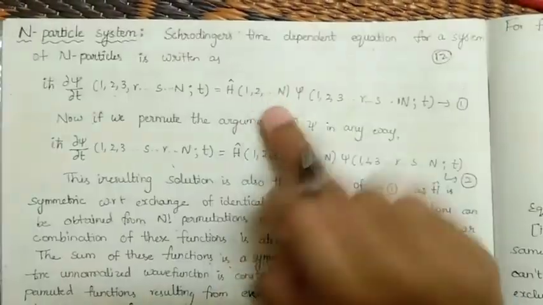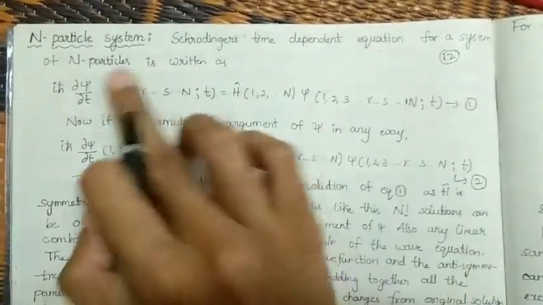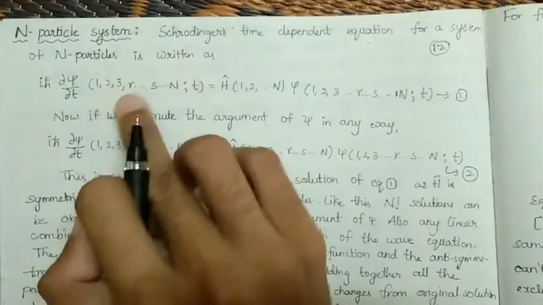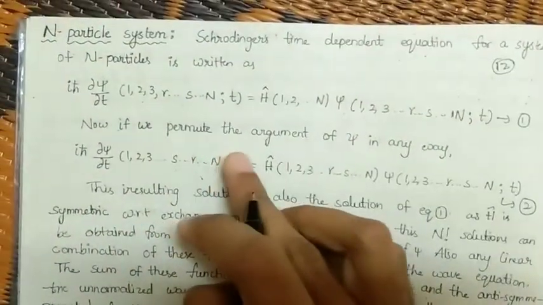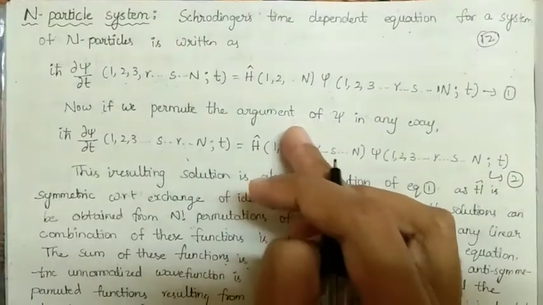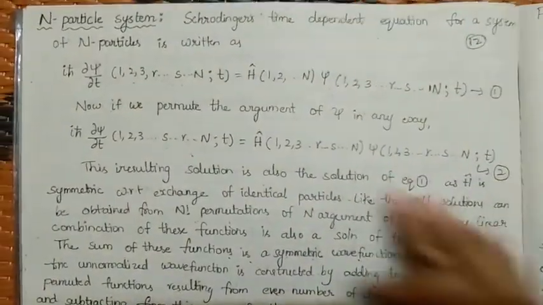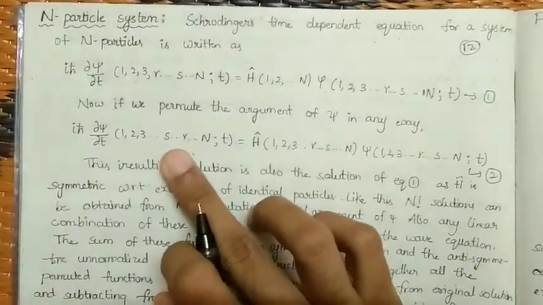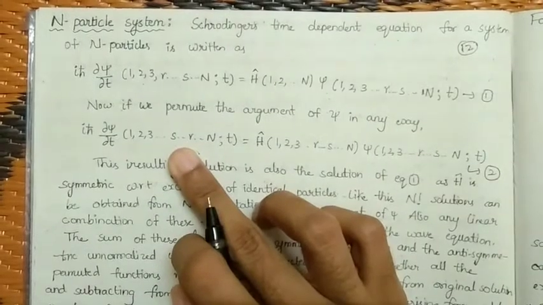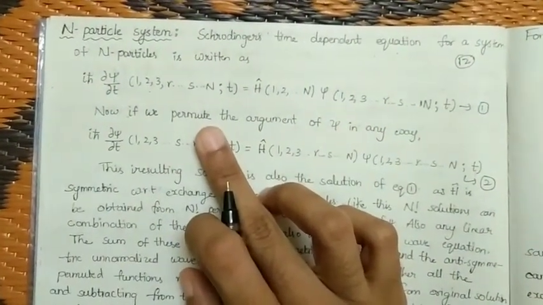We are just representing what it is a function of. Now if we permute the arguments of xi in any way, that means we rearrange these particles, that means if we exchange two particles.